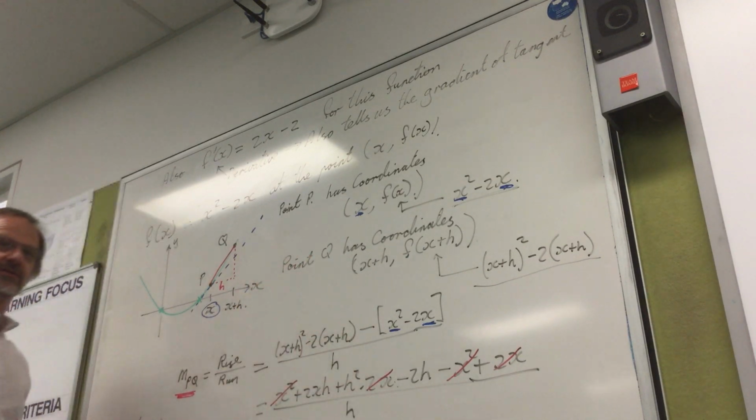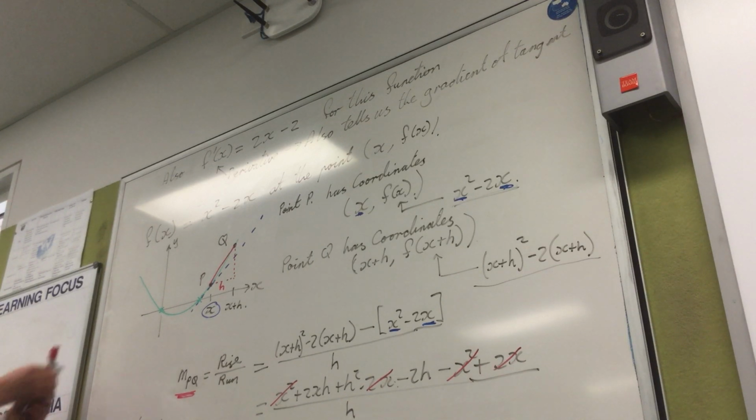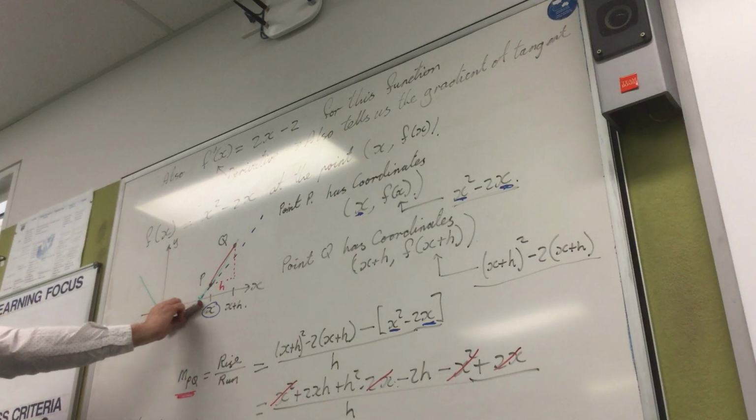What is the use of the tangent? Well, we want to accurately know what the gradient of the curve is at some point. It depends on where your tangent is.